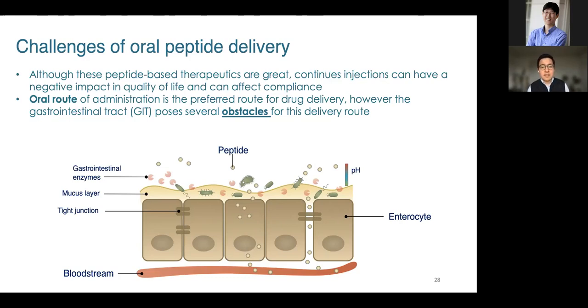However, an advantage of the gut microbiome is that it can grow very close to the enterocytes and produce some of these peptides directly there, and you can use different strategies to even enhance the permeability of the gastrointestinal tract to deliver some of these peptides.